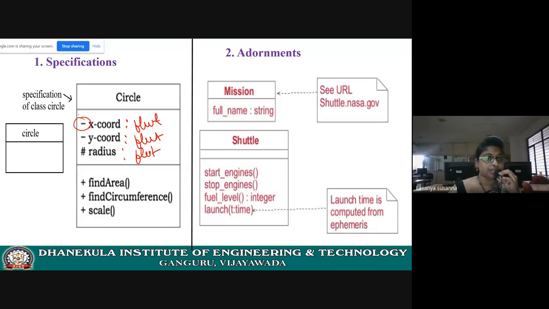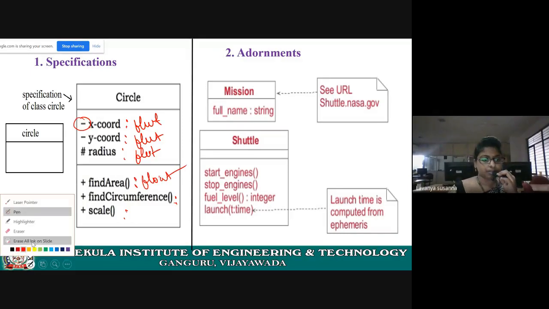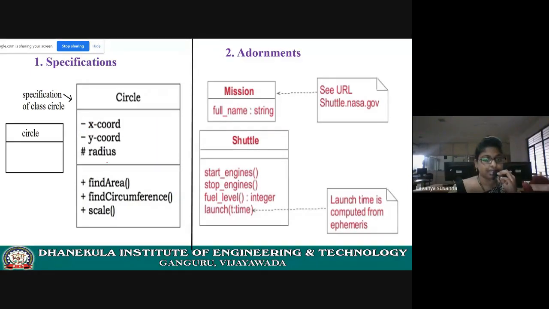You need to explain what is minus, what is plus: minus is access specifier private, plus is access specifier public, hash symbol is protected. You need to explain also theoretically. For a function also write down the data types. Find area, like returning some float value or some double value, your wish. You need to specify in detail.